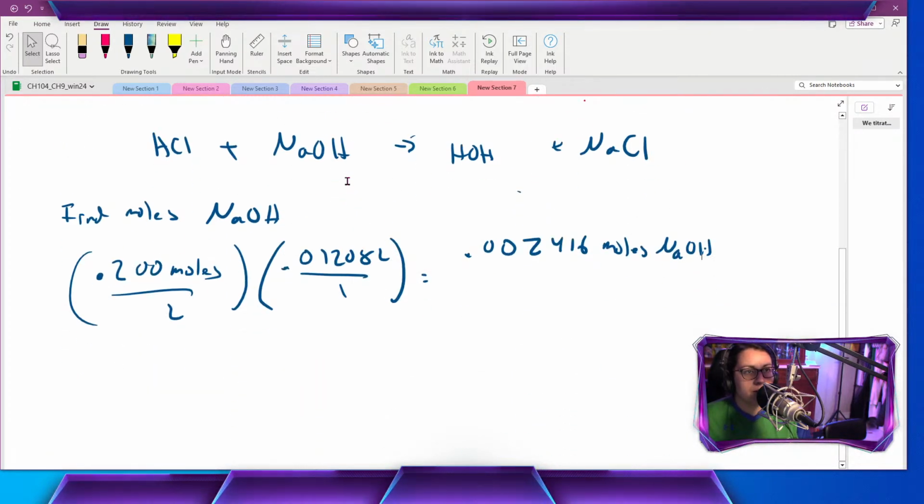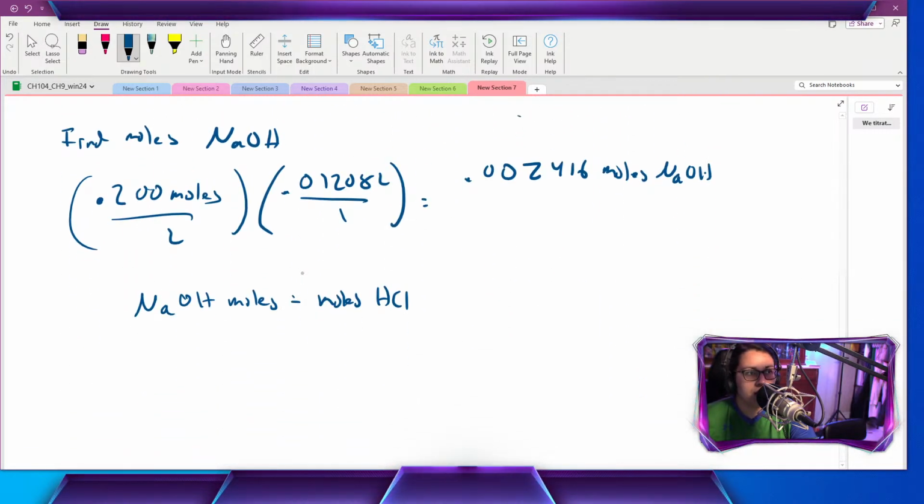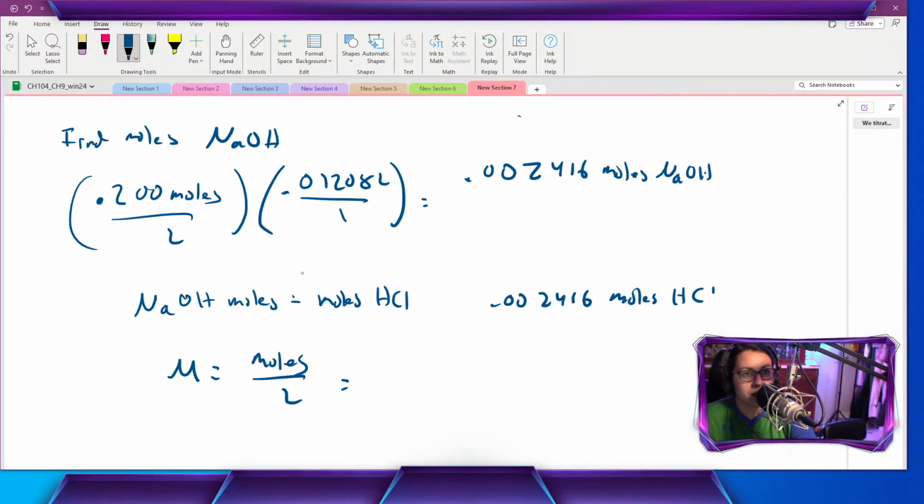We need to get molarity, so we can say sodium hydroxide moles equals moles of HCl. From our 1-to-1 ratio, I could have set up my conversion factor. Now we can plug in molarity. Molarity is just moles over liters, so we have 0.002416 moles of HCl. We said it was in 15 milliliters, so just convert that to liters.